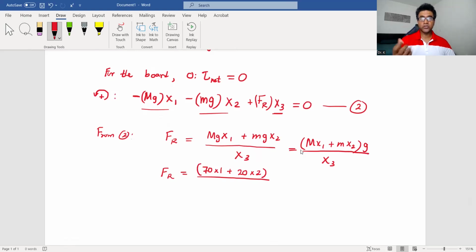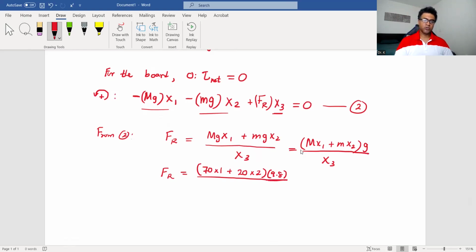You just put the magnitude of that value, you're not going to put a negative sign. Why? Because the weights are pointing downward, so we have already considered that. So that's why I'm just going to put the magnitude of 9.8, not negative 9.8. Keep that in mind.